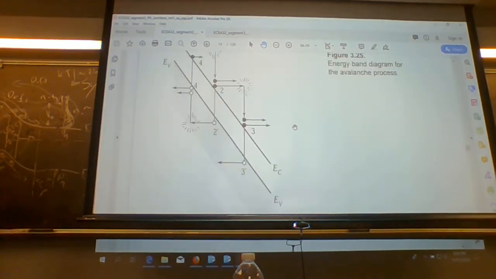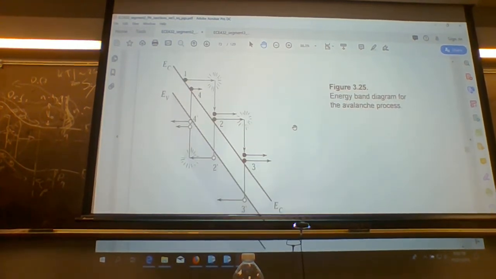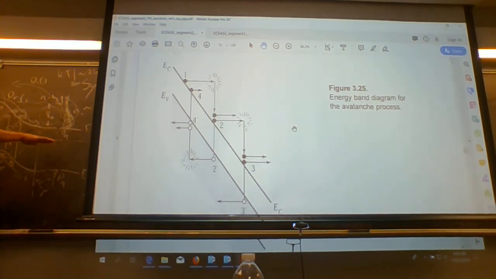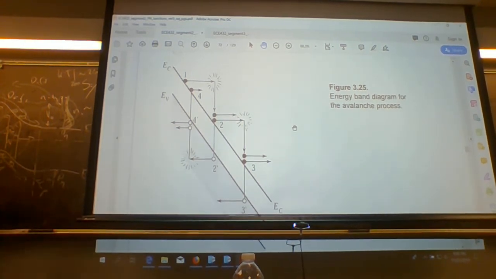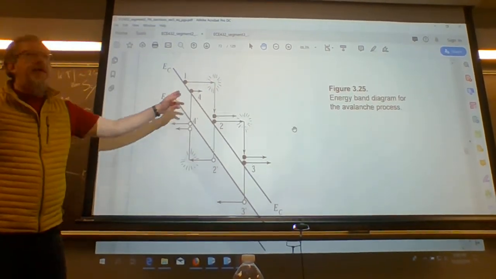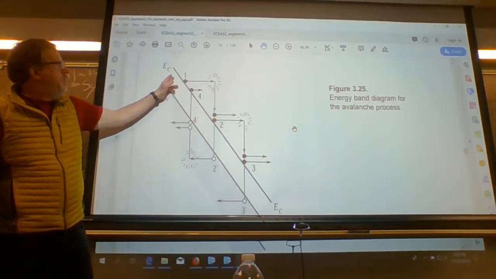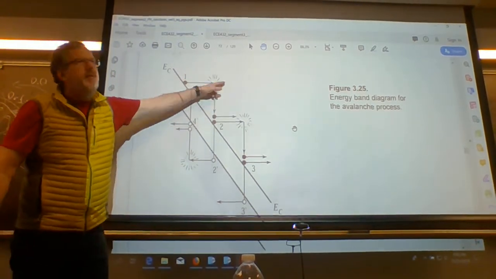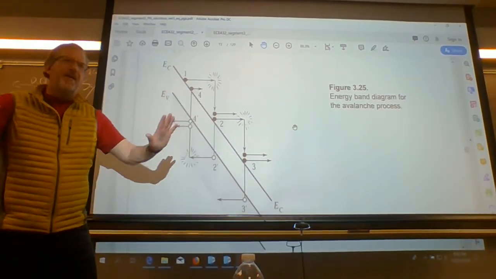So the avalanche is when you bias it, put this really in hard reverse bias, then a carrier can eventually, it's like grandma falling down the stairs, right? Eventually it gets to be too steep and boom, boom, boom. And maybe that's a bad analogy. Sorry.